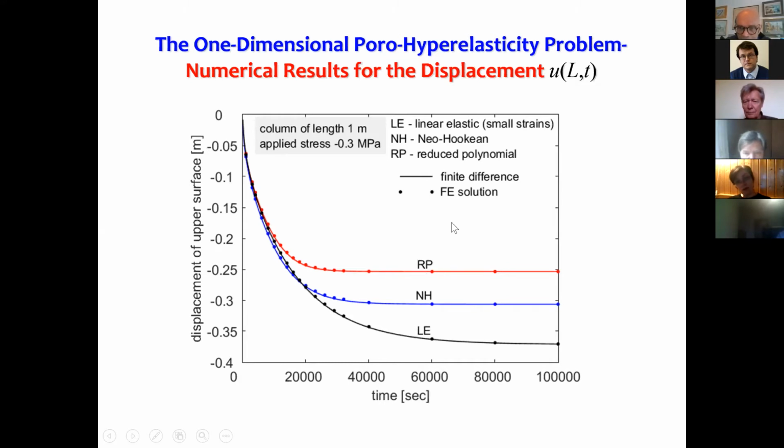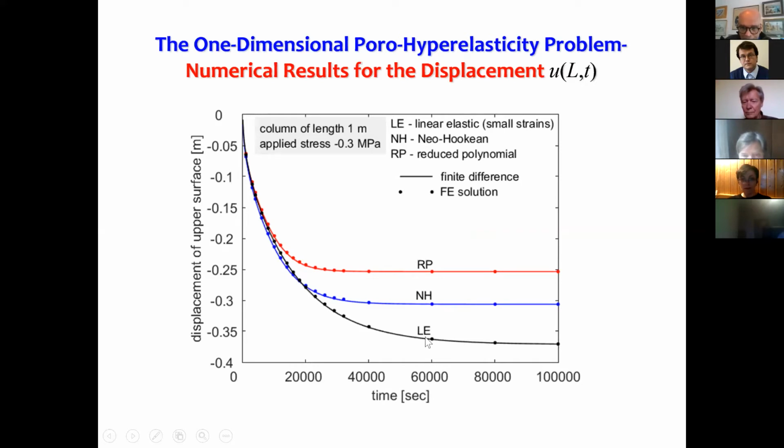The solid lines are finite difference schemes, and the dots are the finite element solutions. So you can see that the expressions give exactly the same as the finite element scheme, and they match exactly. The second one is the Neo-Hookean one. Again, the results for the finite difference scheme match the computational finite element scheme as well.